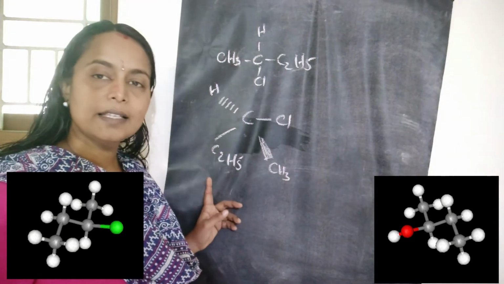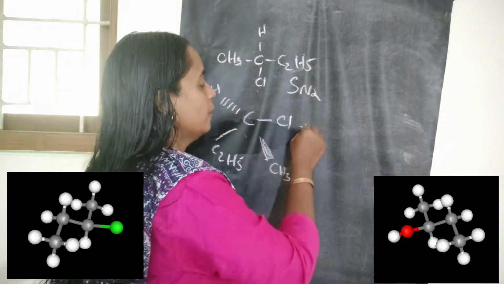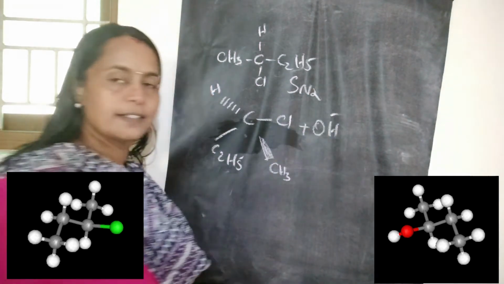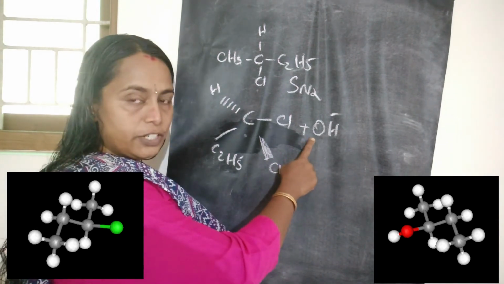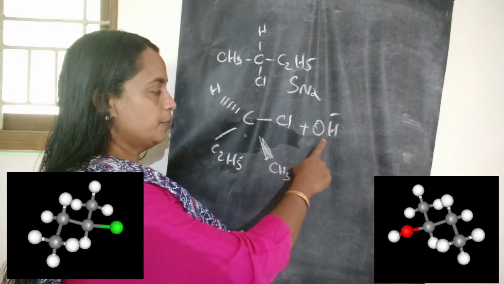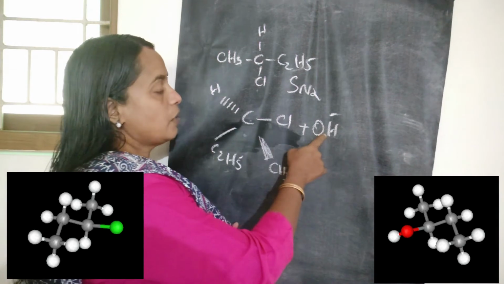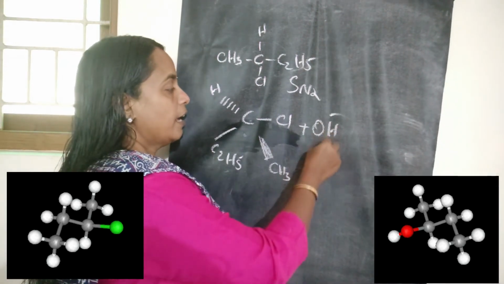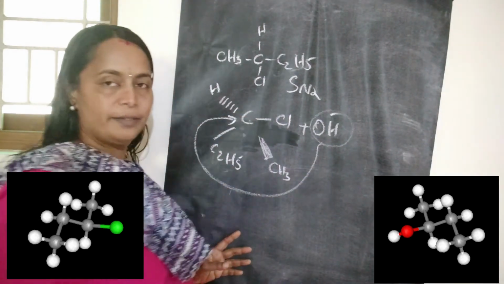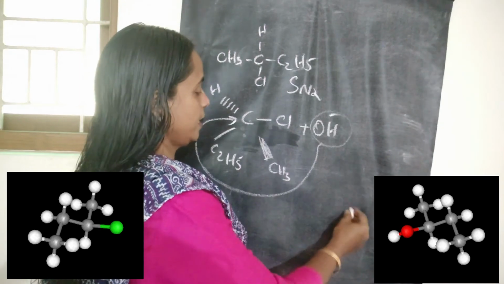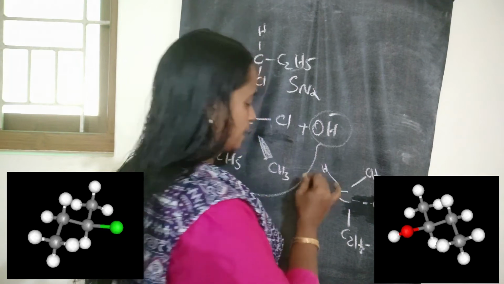And this compound on SN2 mechanism with a nucleophile OH minus: OH minus first forms a transition state in which both chlorine and OH minus are bonded partially to this carbon. And this OH minus, the nucleophile, can only approach this carbon from the opposite side of the chlorine. And therefore, the transition state will have a partial bond to OH minus.